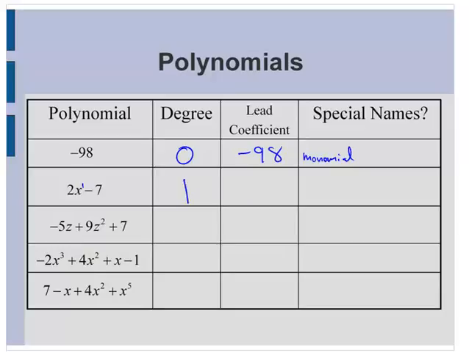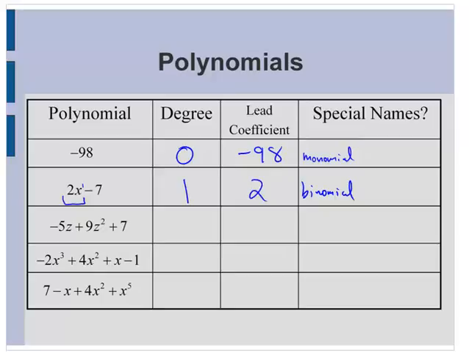The lead coefficient is the coefficient of the monomial with highest degree. So we're looking at this monomial. The lead coefficient is 2. This is called a binomial because it has 2 monomials. Bi meaning the prefix for 2.